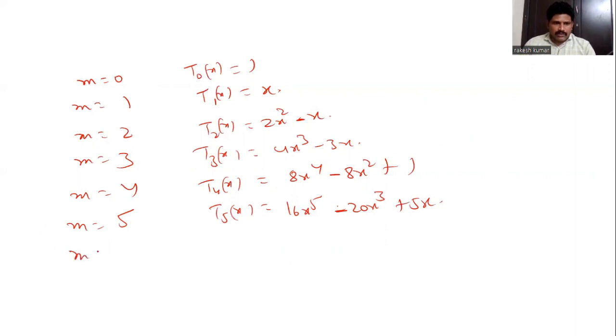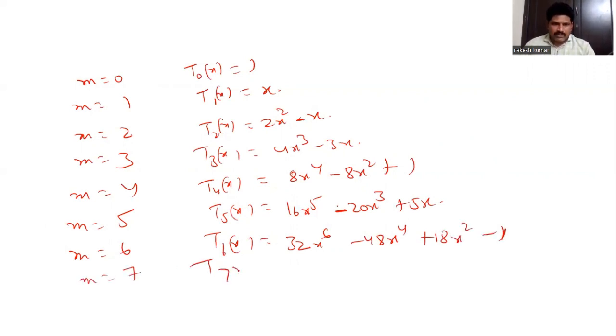Okay. So for m is equal to 6, T6 of x is equal to 32x power 6 minus 48x power 4 plus 18x square minus 1. Similarly, for m is equal to 7, T7 of x is equal to 64x power 7 minus 112x power 5 plus 56x cube minus 7x.